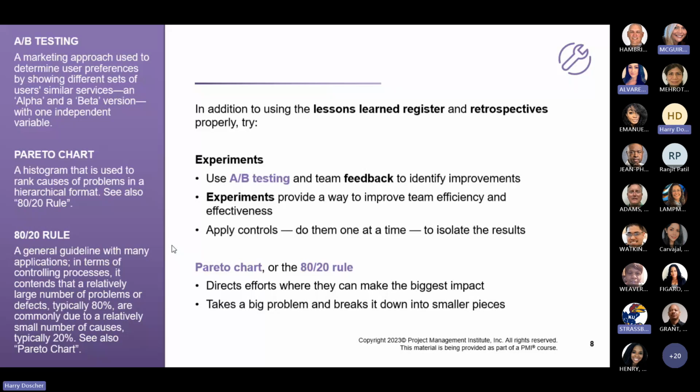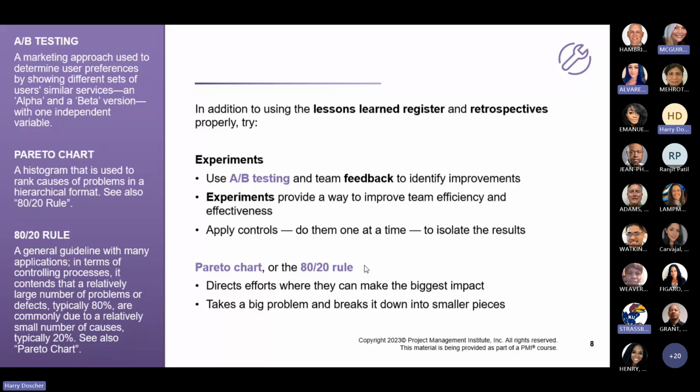So what you want to be able to do is focus in on the relatively small number of classes that cause 80% of the issues. You can do some research on the 80-20 rule or Pareto charts, and it's been consistent over time.